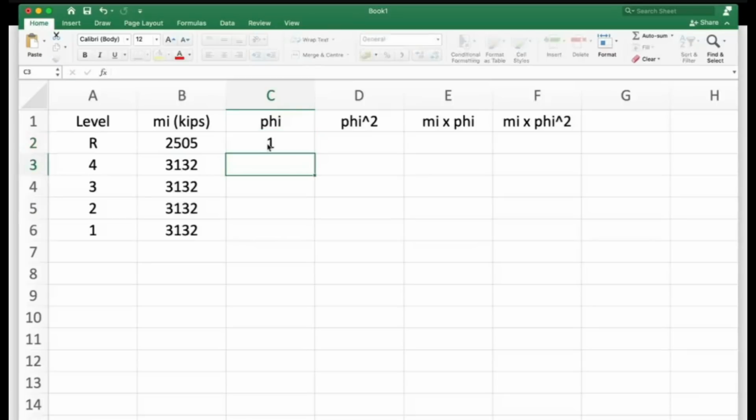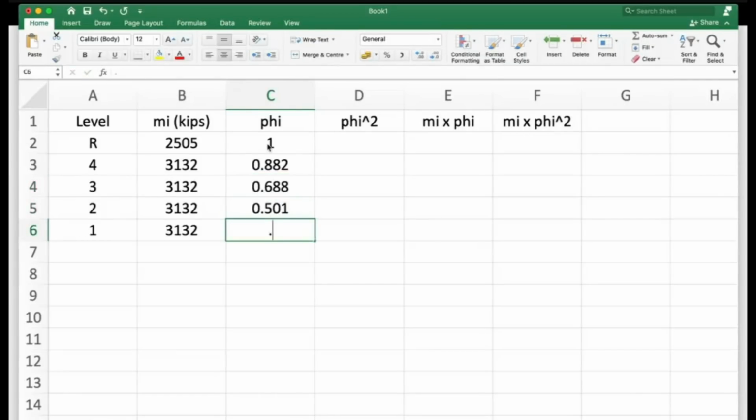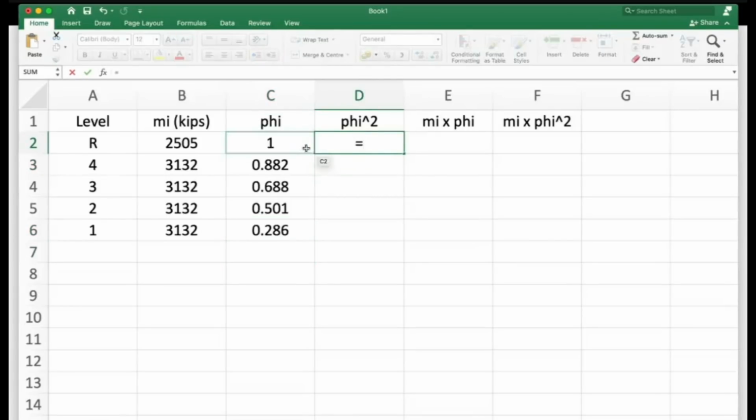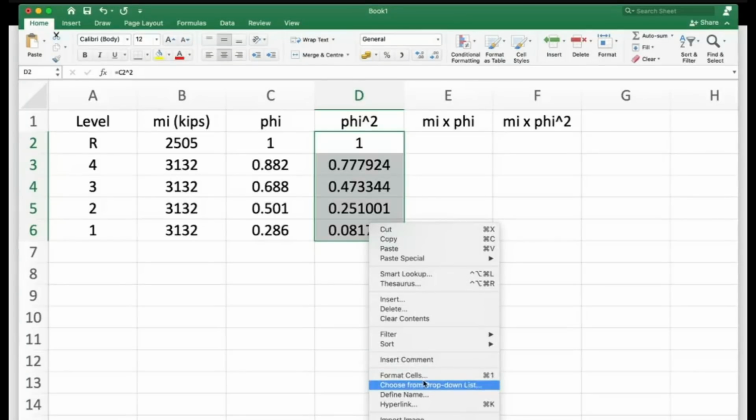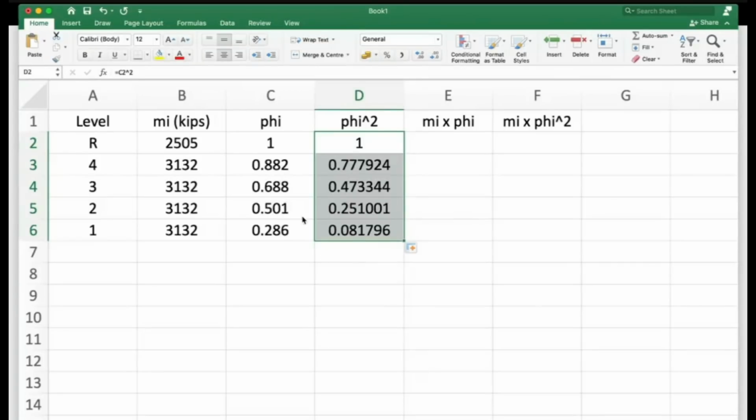Phi was 1 for this case, 0.882, 0.688, 0.501 and 0.286. Let's take the square of this. You can see the values here. We can approximate up to three decimal places.